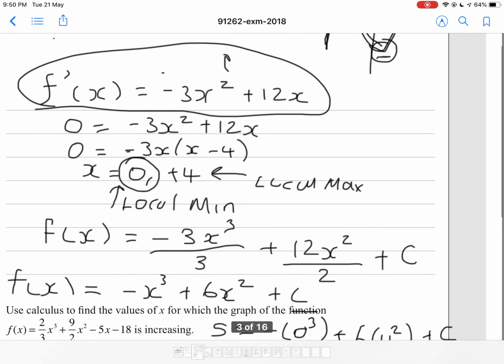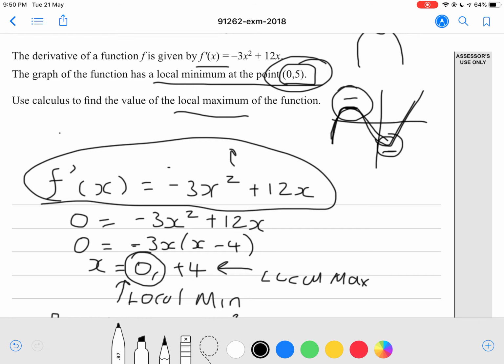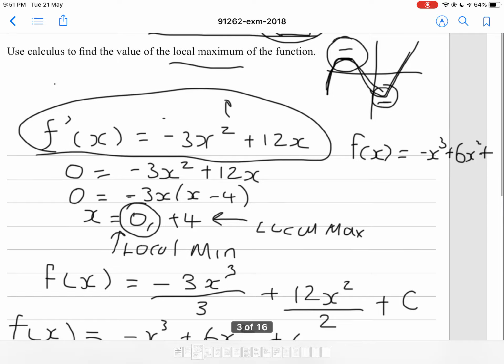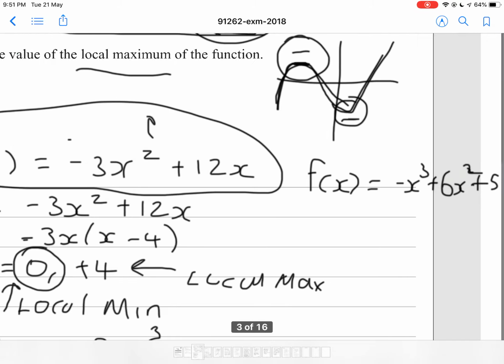So now we're still not done, because we're supposed to find the local maximum of the function. Now we have our full function: f of x is equal to negative x cubed plus 6x squared plus 5.